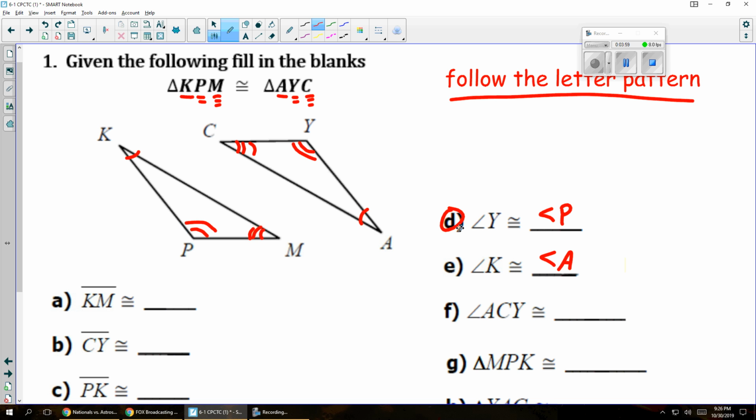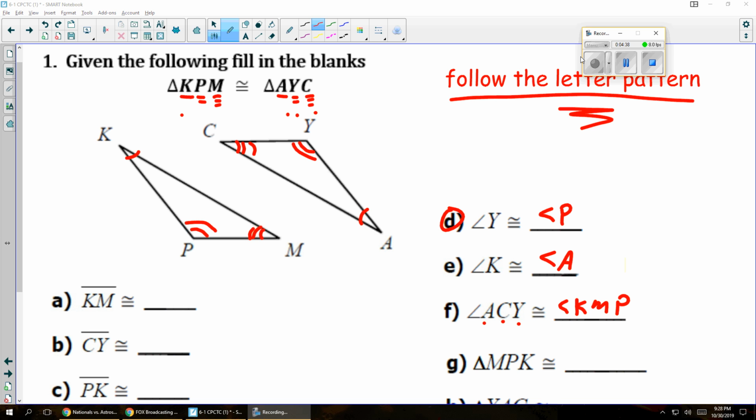Angle ACY, that one right there, we'd usually call that angle C. That matches up with angle M. I could write the letters in exactly the same way, ACY goes with KMP. Just keep the letters in the same order. Follow that letter pattern right there.